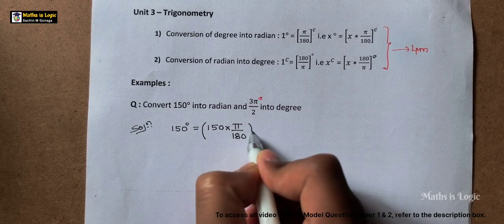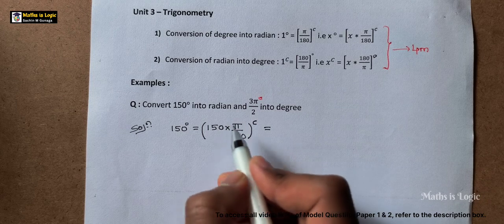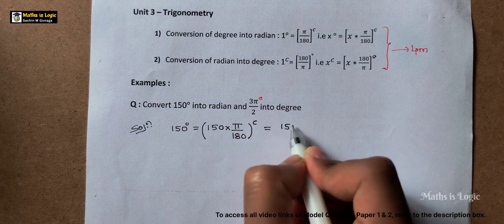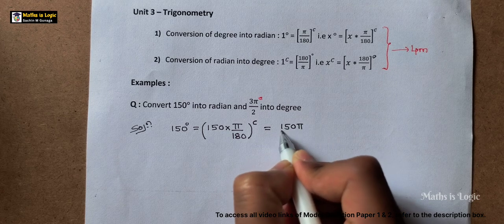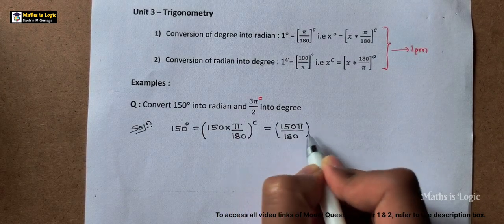Then it will convert into radian. Which is equal to pi into 150, that is 150 pi divided by 180 radian.